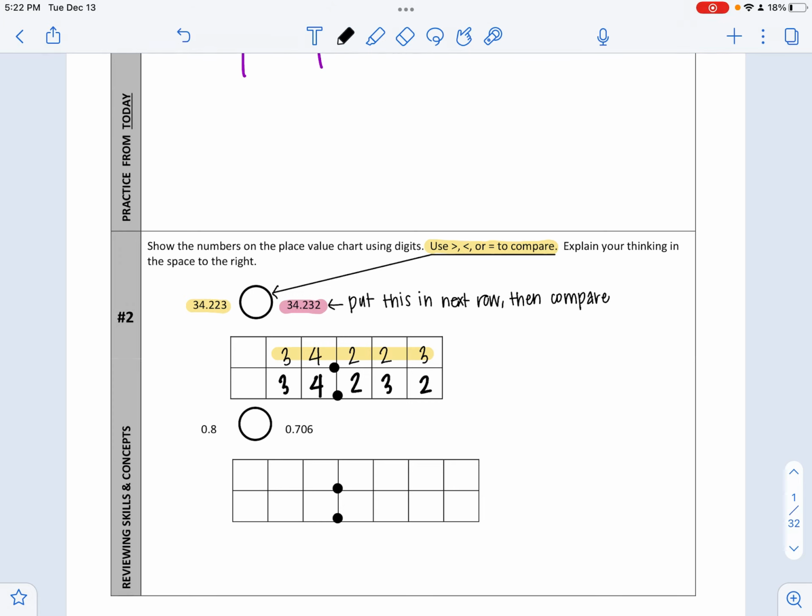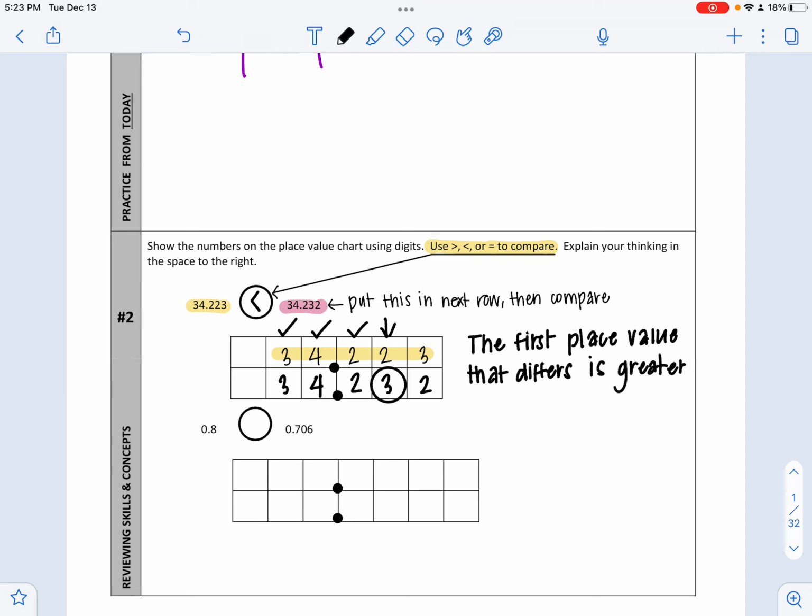So, I know that when I'm comparing these two numbers, I have the same number of tens, the same number of ones, the same number of tenths, but then once I get to the hundredths column, I can see that I have more hundredths in the second number, which means that 34.232 is greater than 34.223 because the first place value that differs, which is the hundredths place, is greater.